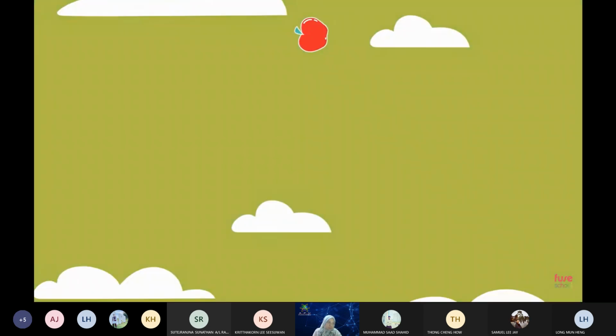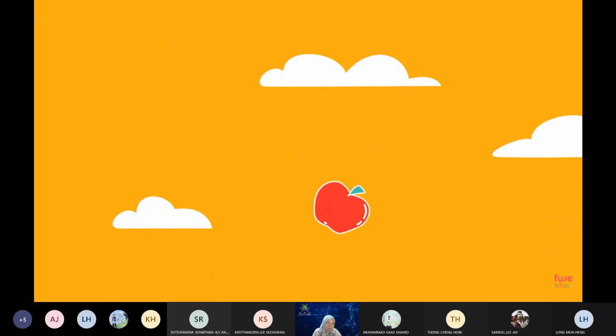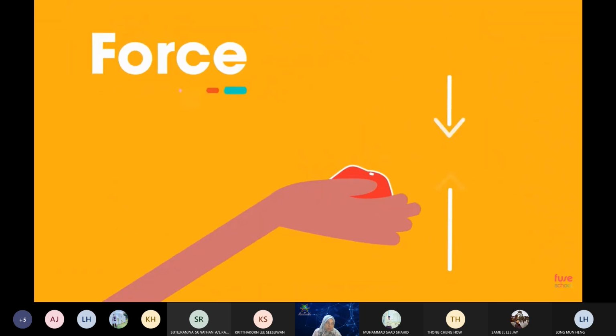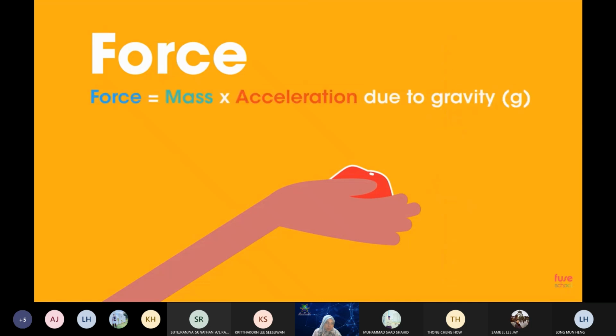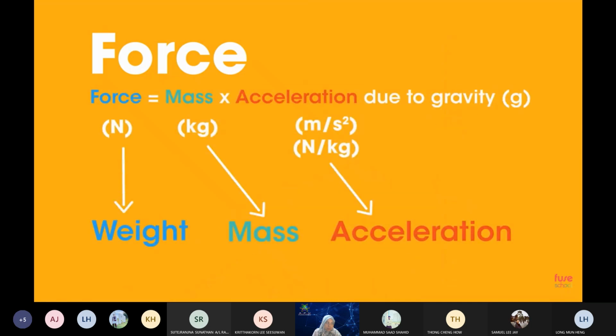To stop the apple falling, so to prevent the gravitational force pulling it towards the center of the Earth, a force is needed that is equal to this gravitational pull. Remember this. On Earth, g equals 9.81 meters per second squared, or approximately 10 meters per second squared.